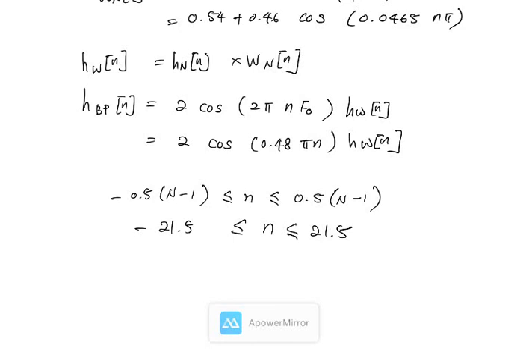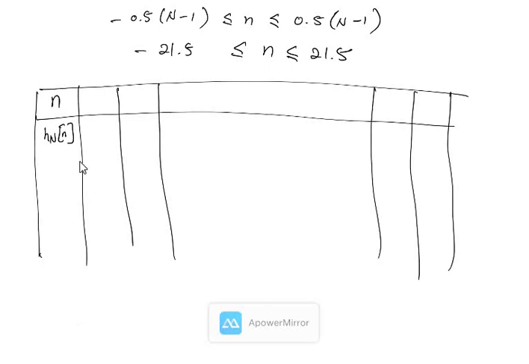And next you can draw a table. The n is from negative 21.5, and each increment is 1. So negative 20.5, negative 19.5, up to 21.5.